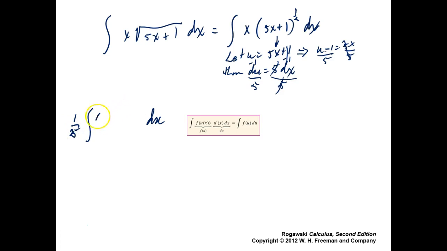And the x becomes a u minus 1, and the 5x plus 1 is a substitution.